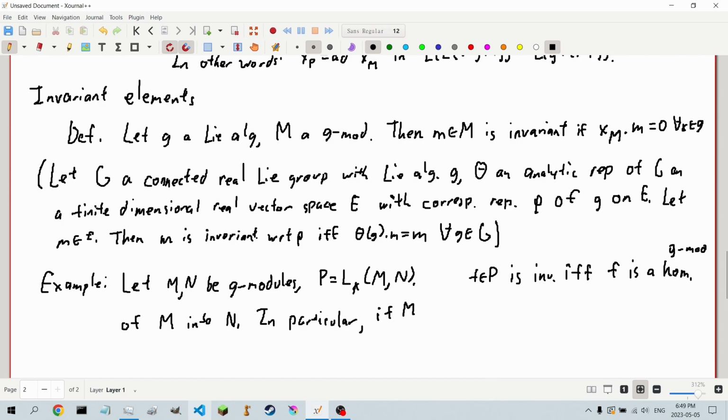If M equals N, I specify here that xM is xN, so they're the same set with the same structure.